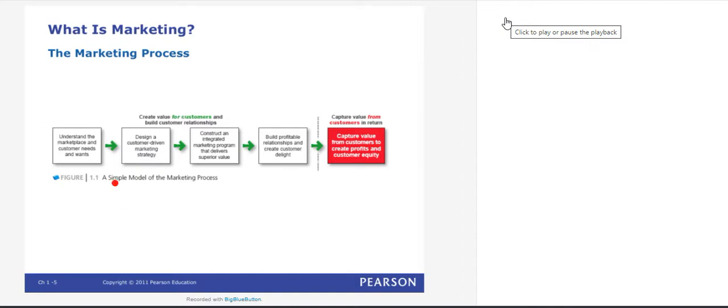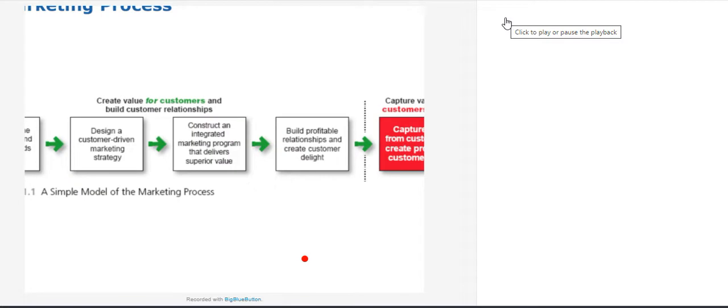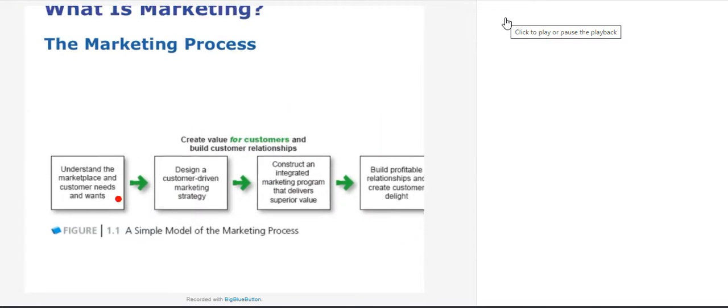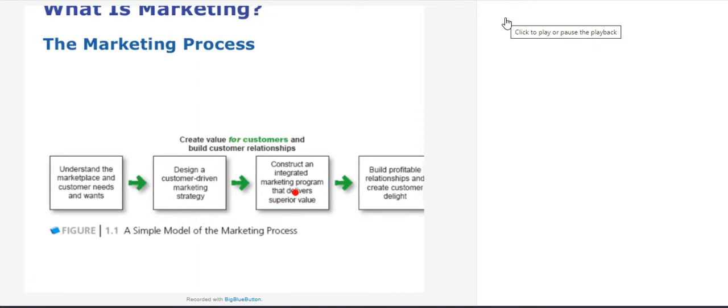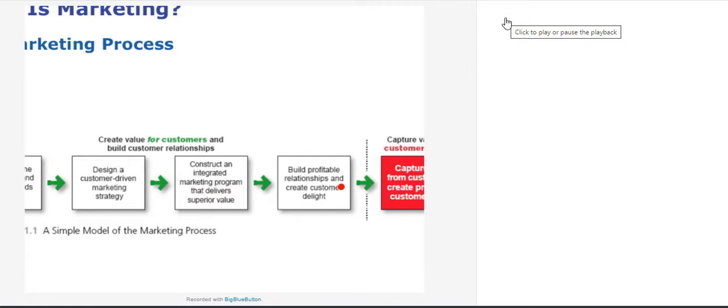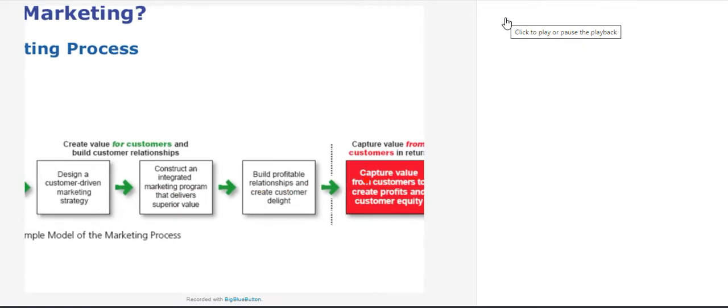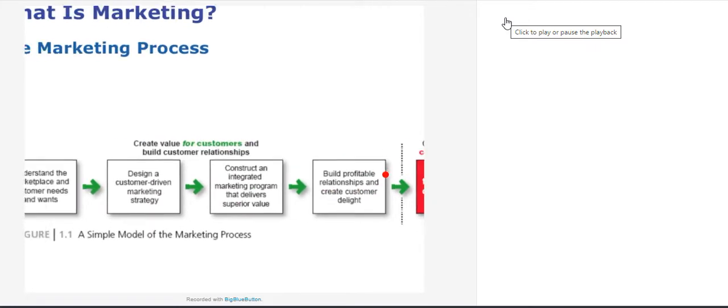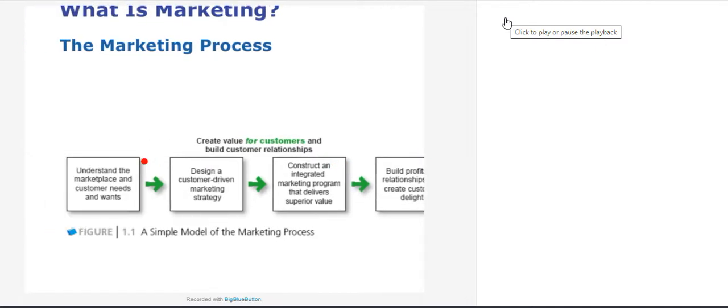Okay, the first part here. In the next few slides, we will take it one by one. We will first understand the marketplace, design the marketing strategy and marketing program, and build a profitable relationship, and then we will move to capturing value from customers.